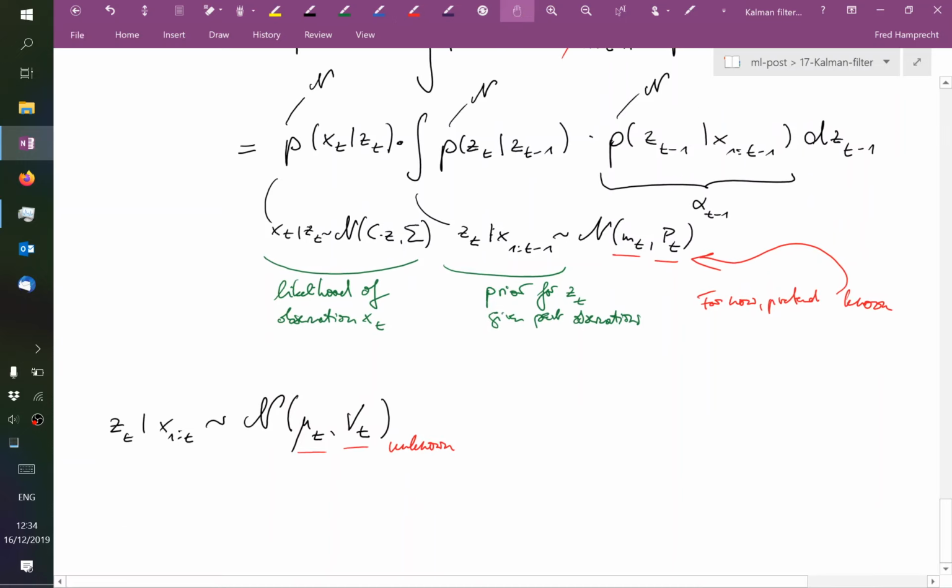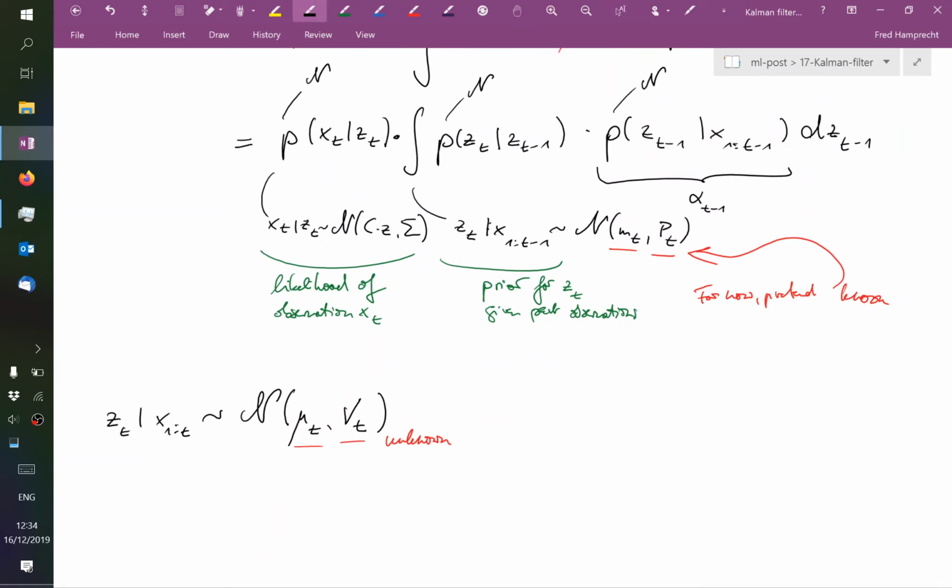Then in that case, we can use the equations from further up, given results from earlier today.